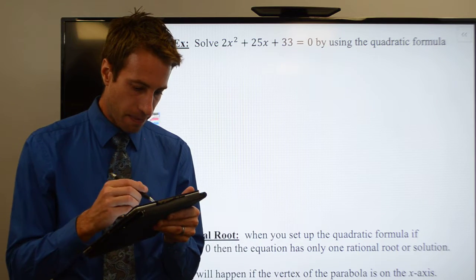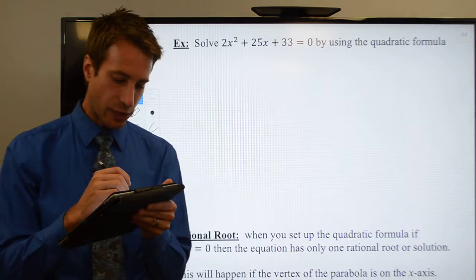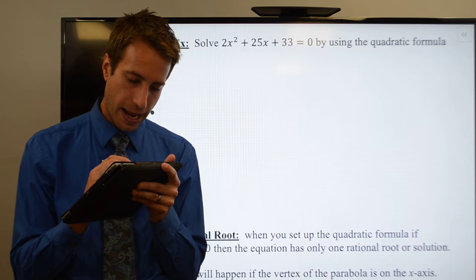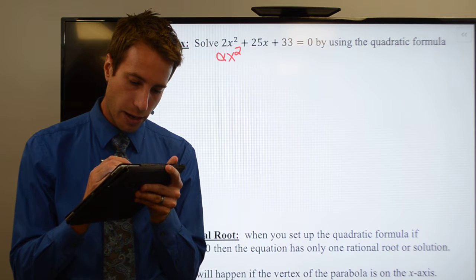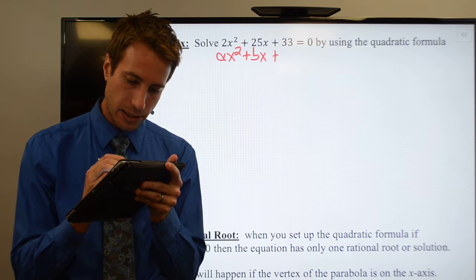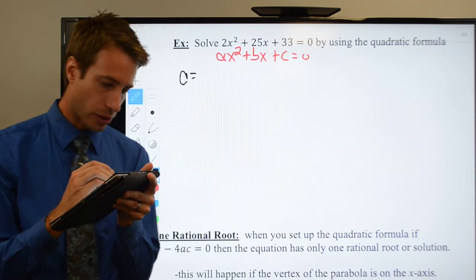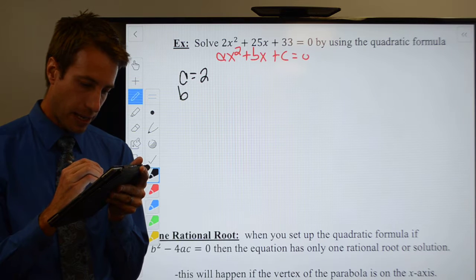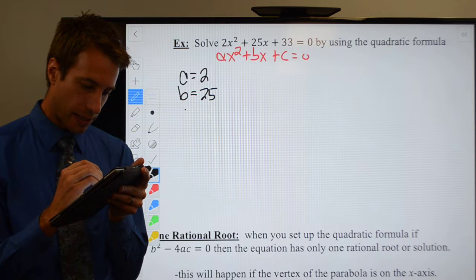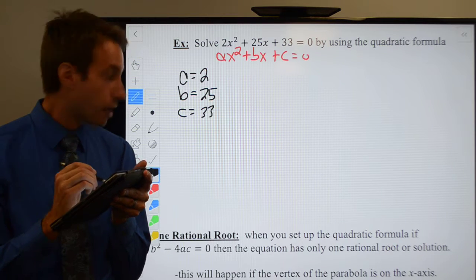Okay. Oh, this one is actually already in standard form. I have ax squared plus bx plus c is equal to 0, where my a is equal to 2, my b is equal to 25, and my c is equal to 33.